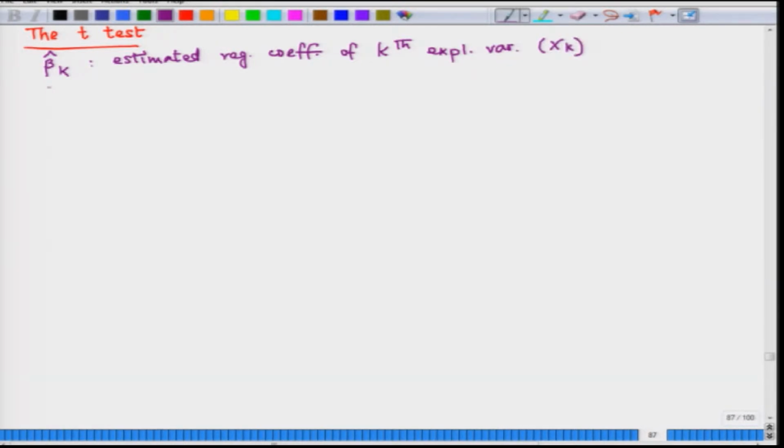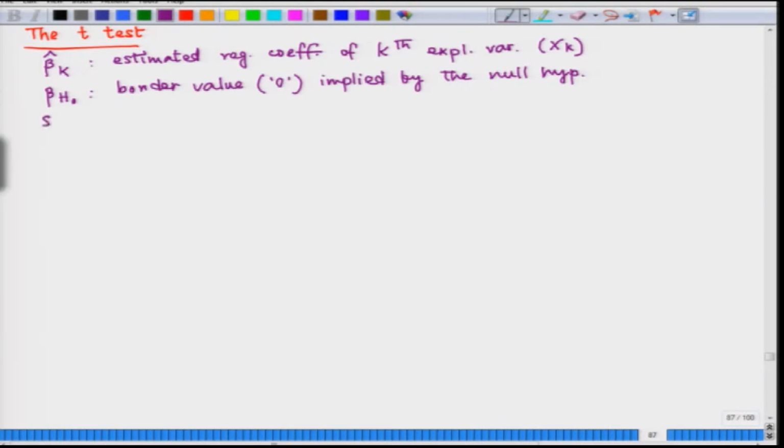Okay. Now, let us also introduce a new notation, beta h naught. That is basically the border value, usually it is 0, which is implied by the null hypothesis, which is set to test microeconomic theory.